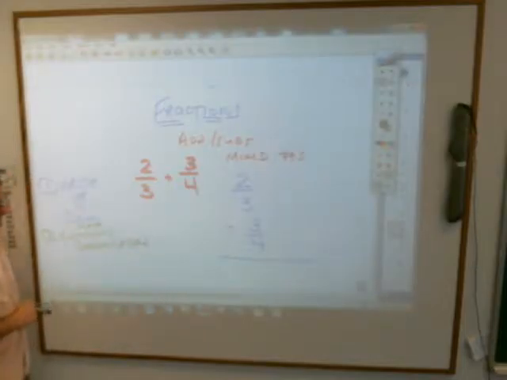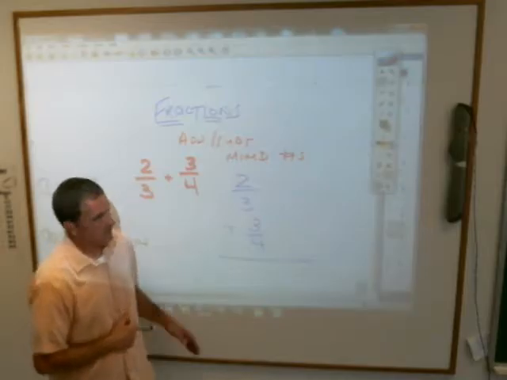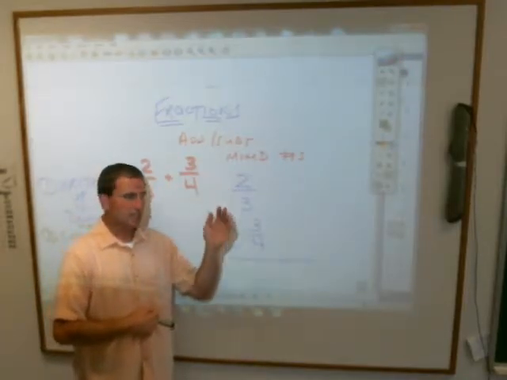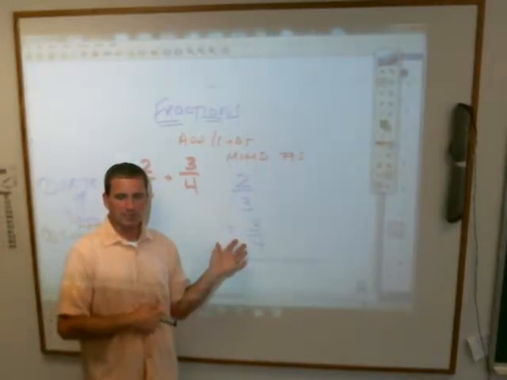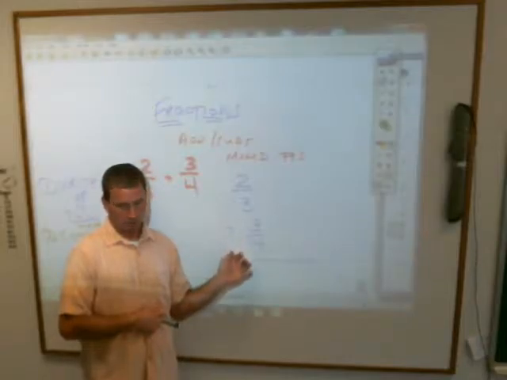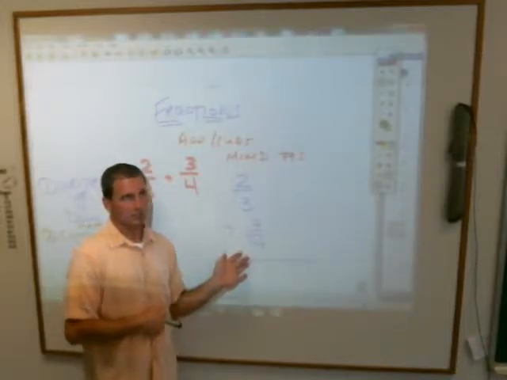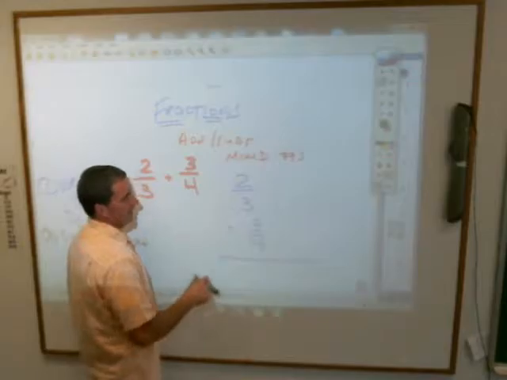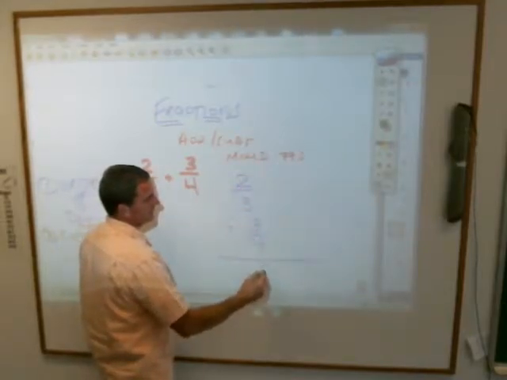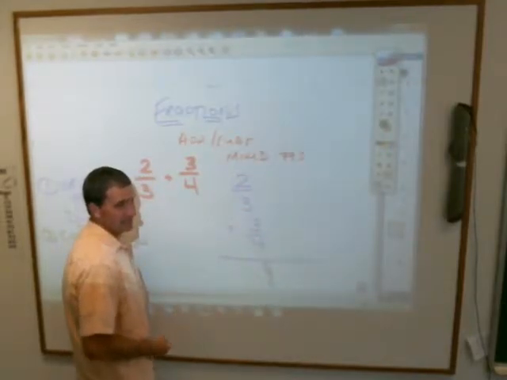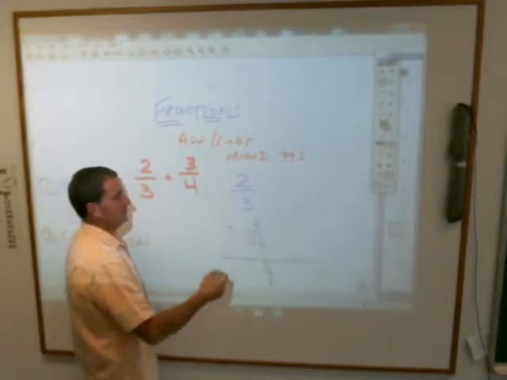And why is that? Well, for the simple reason of this. If you had 2/3 of a pizza and you ate 3/4 of a pizza, most people looking at this will say, oh, it's adding, so I ate 5/7 of a pizza. I added the tops and I added the bottoms. Well, that doesn't make sense.